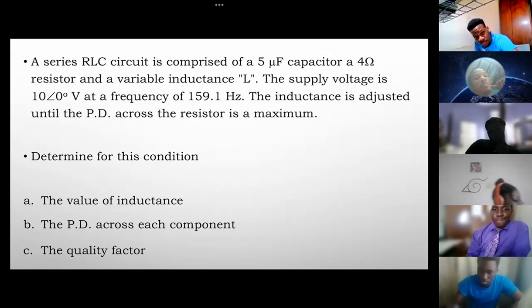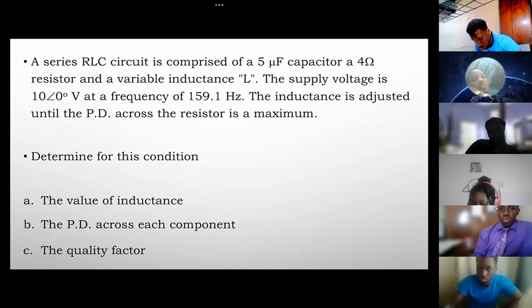it says that it's a series RLC circuit. Yeah, but we did some series RLC circuits last 2 weeks. Were any of them resonating? Probably have an AC voltage.